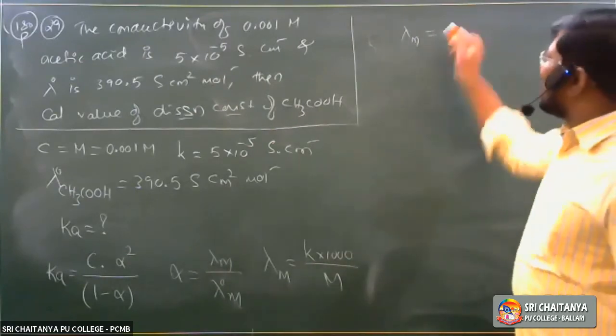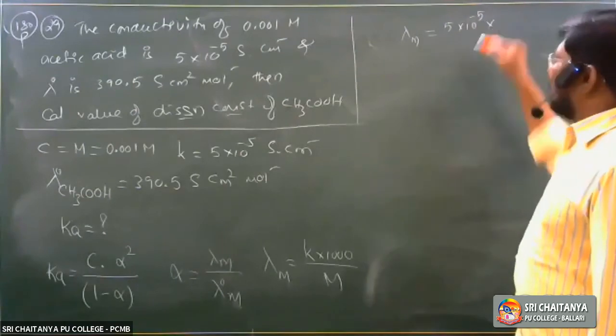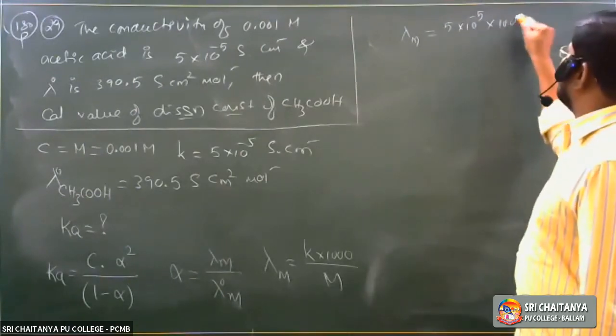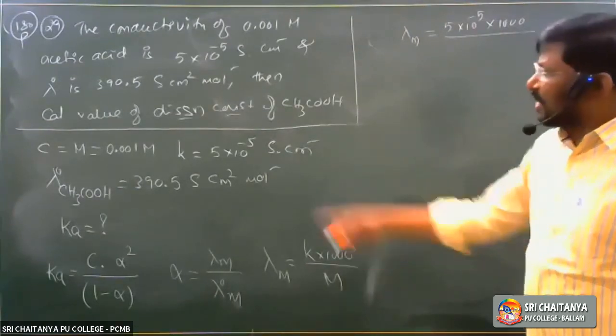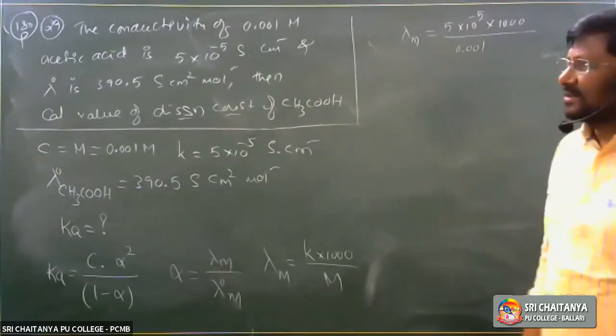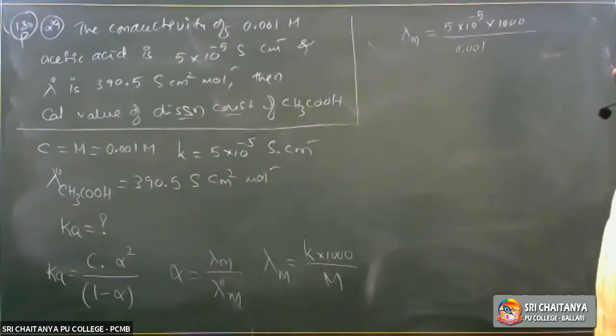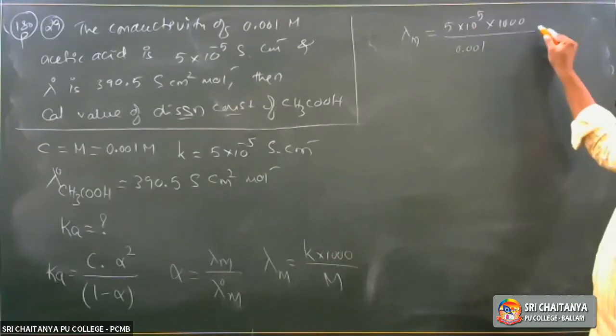K value is 5 into 10 power minus 5, into 1000, divided by the concentration, which is 0.001. This is 10 power 3 minus 3, 10 power 6.